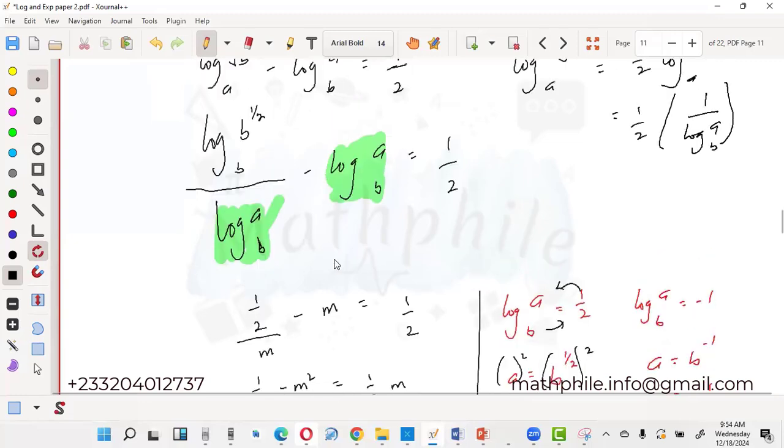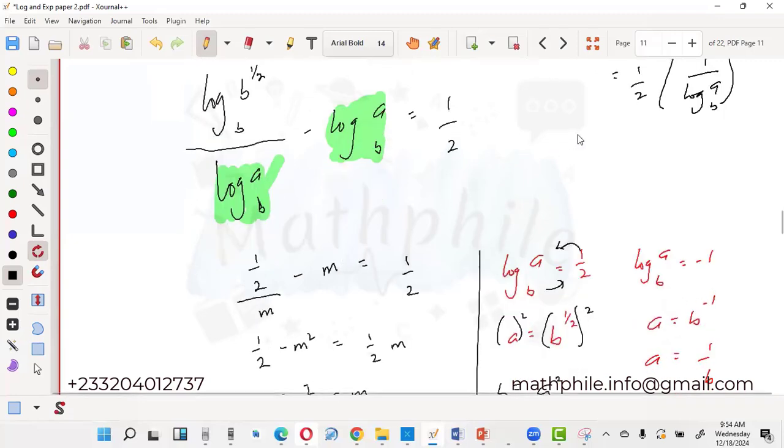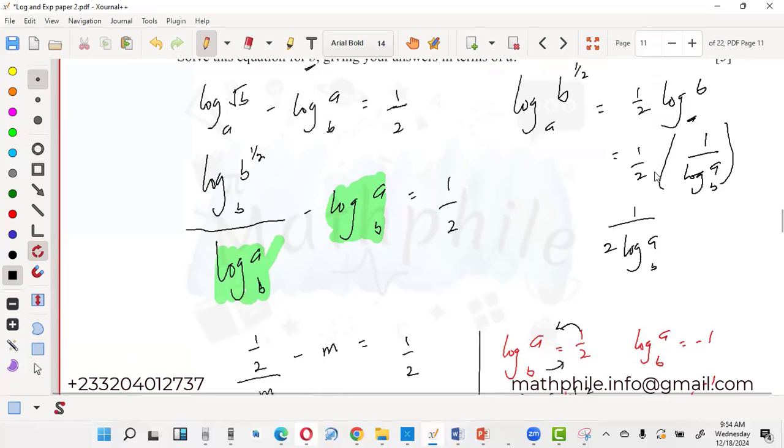So when you cross multiply, I got 2 over log A base B. Oh, you're supposed to only multiply the half by 1. You're multiplying fractions: you multiply the numerators and multiply the denominators.